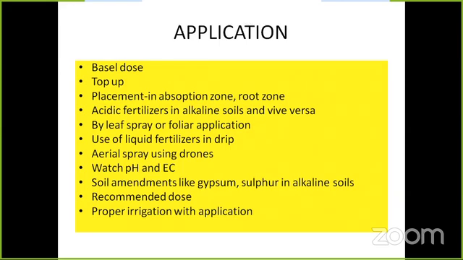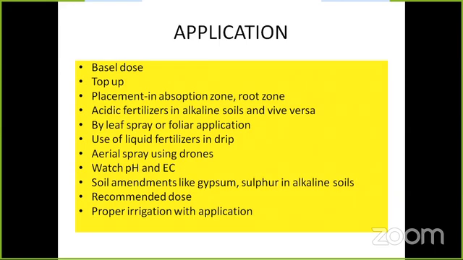So there only you have to apply the fertilizer. Then there are acidic fertilizers to be used in alkaline soils like ammonium sulfate, ammonium nitrate, or other ammonium fertilizers, because ammonia is basically acidic.